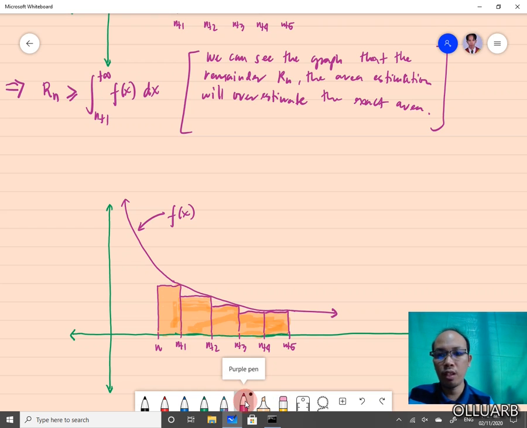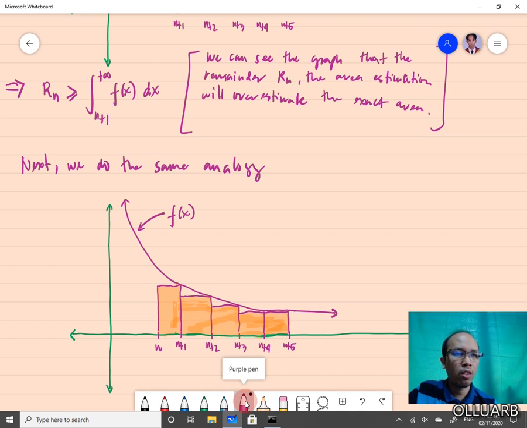Of this graph. Okay, so here next we do the same analogy as the one discussed above. But in this figure and this diagram, it is opposite to the graph above.